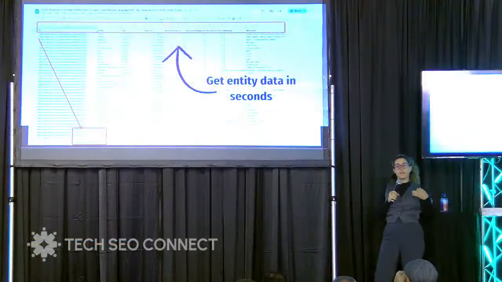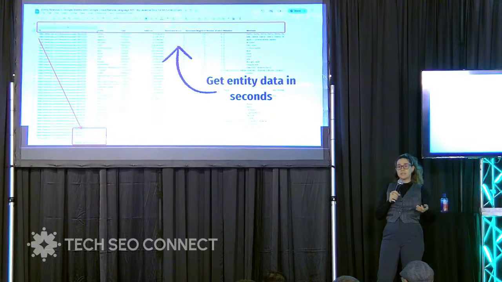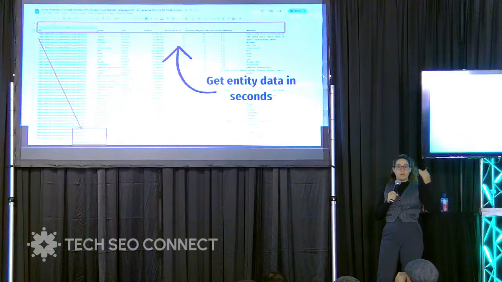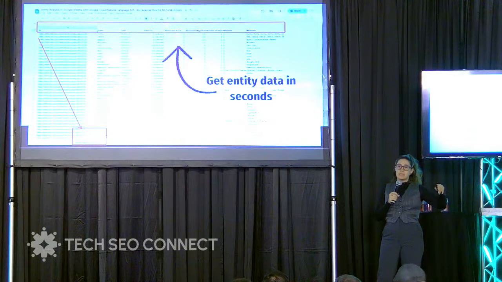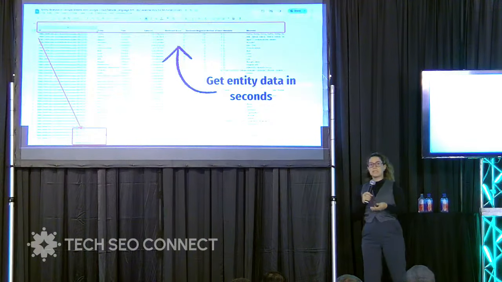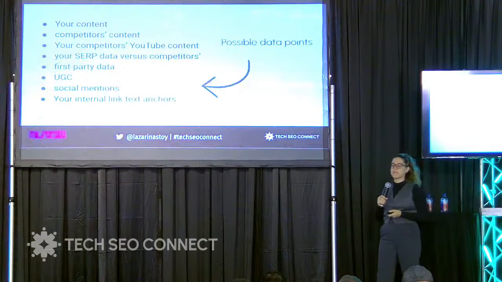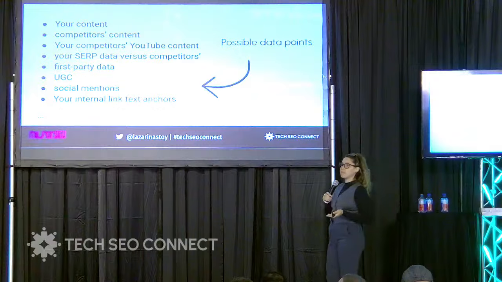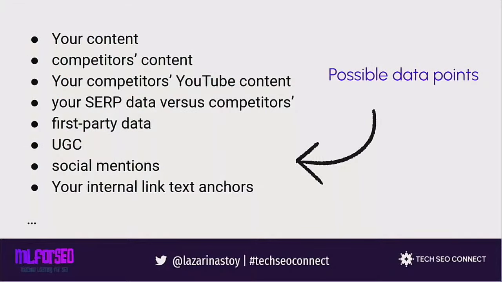And you also have a link to a Wikipedia page or something that could show you whether this is a very prominent entity just in your data set, if it doesn't have a Wikipedia page, or whether it's a very prominent entity in the world overall, if that makes sense. What possible data can you use this on in SEO? Basically everything.